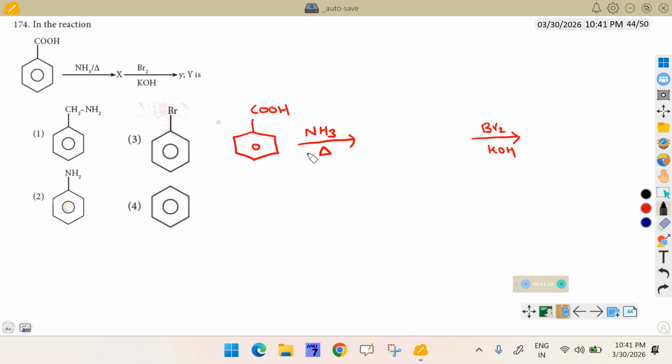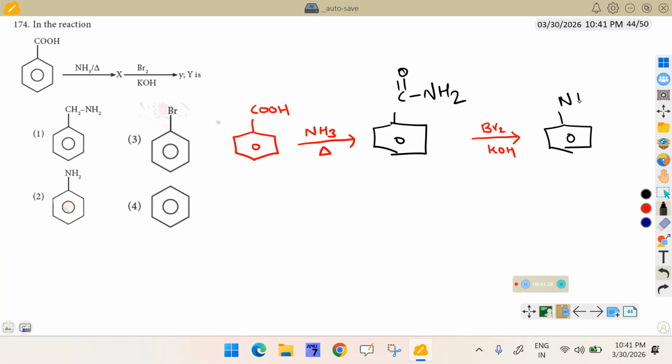Carboxylic acid reacts with ammonia, further heating, then it gives amides, CONH2. Amide reacts with bromine and KOH, then it gives amine, C6H5NH2. The reaction is Hoffmann bromamide. The correct option is the second one.